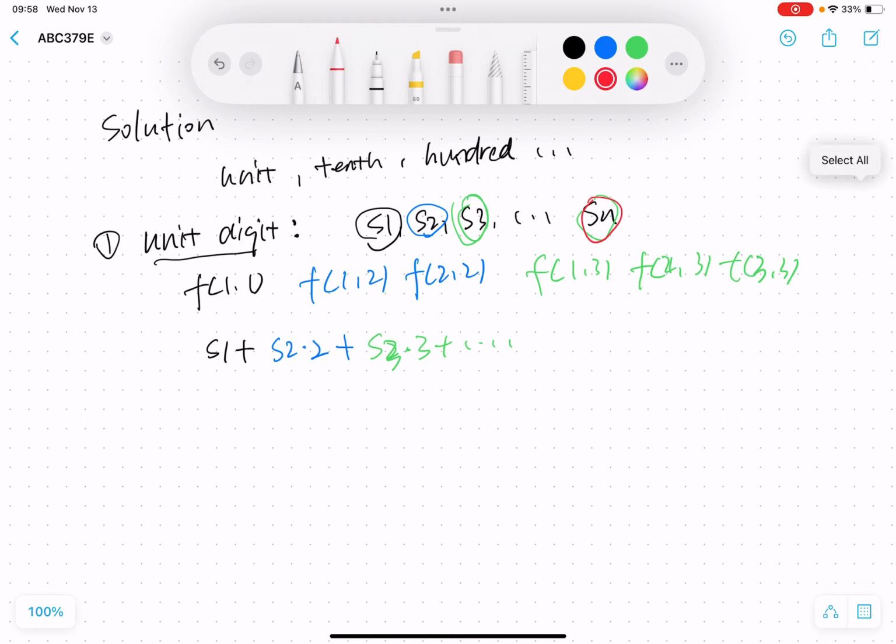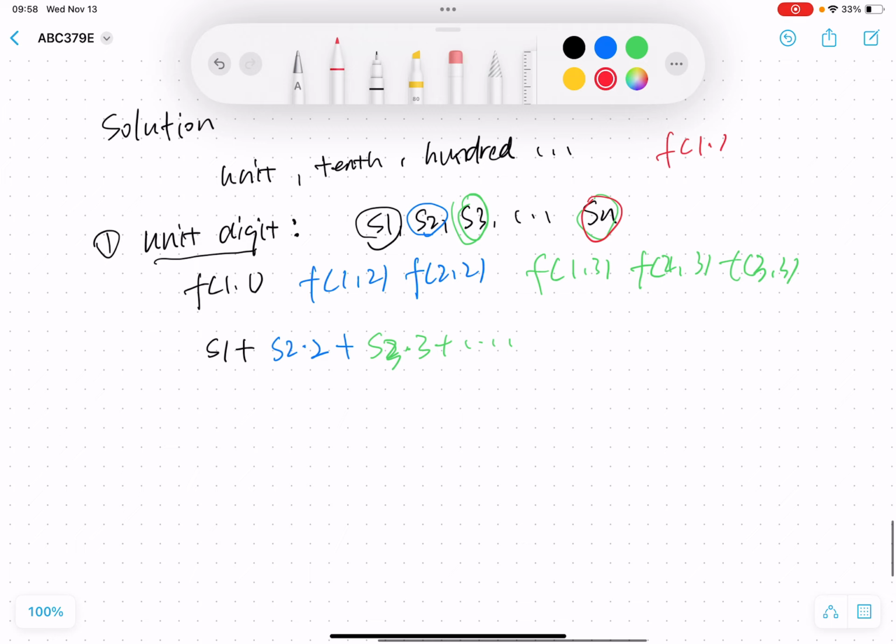We will know we can use f(1, n), f(2, n), f(3, n) till f(n, n). That means we can add Sn n times to the unit digit. So we need to add Sn n times. This is how we calculate.